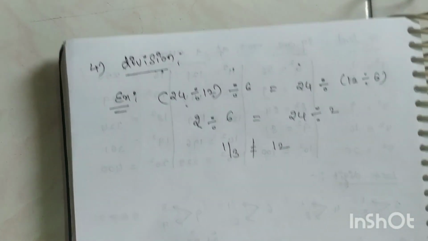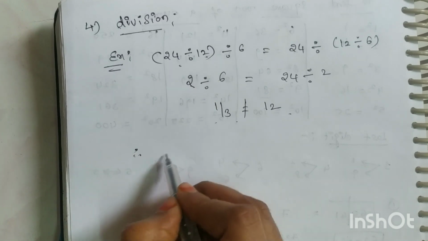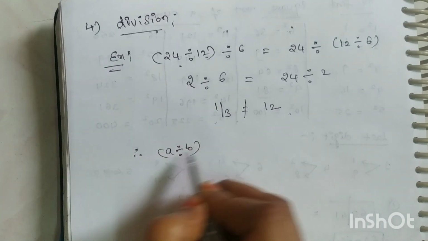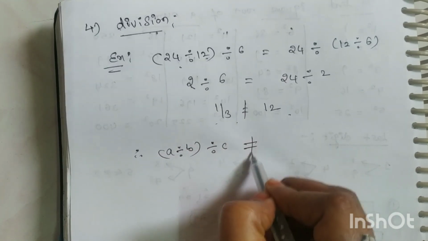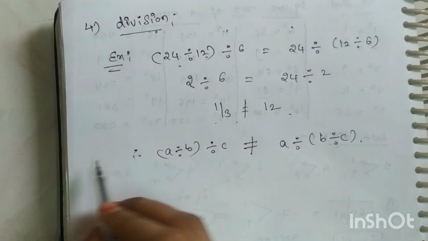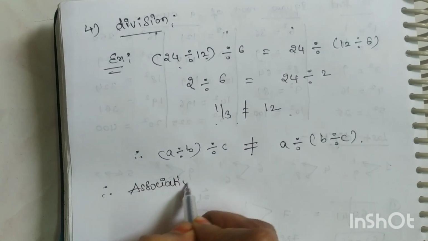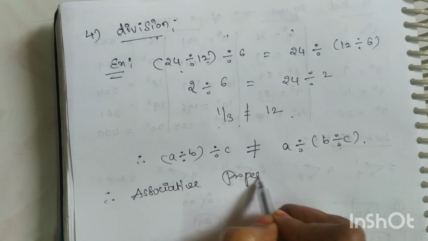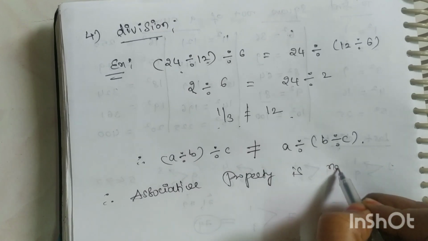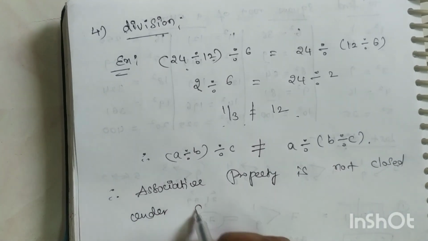So 1 by 3 is not equal to 12. So therefore (a ÷ b) ÷ c is not equal to a ÷ (b ÷ c). So hence associative property is not closed under division.